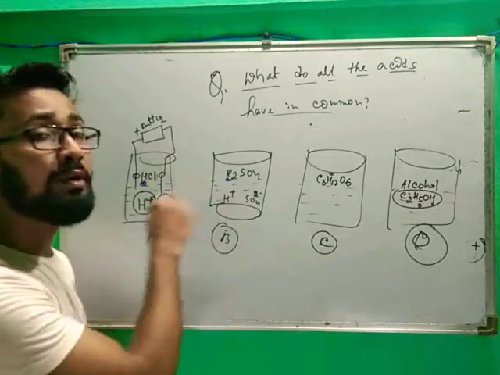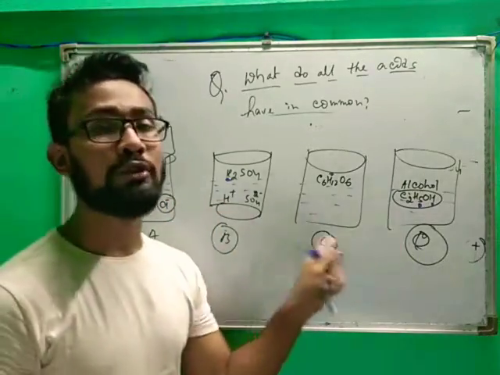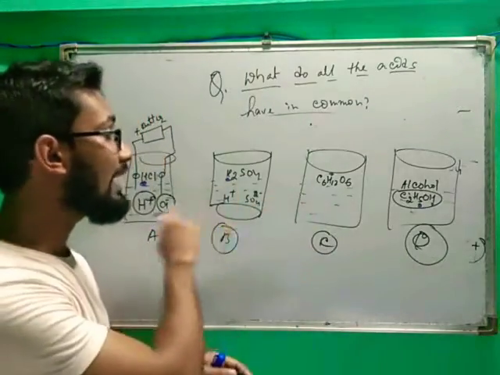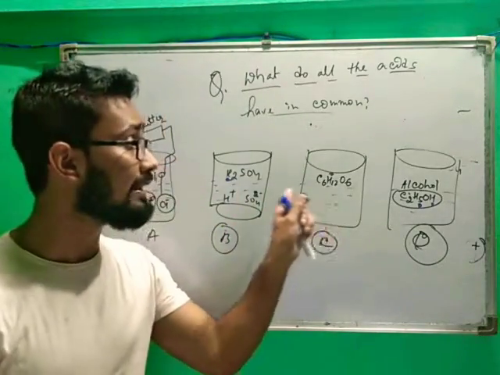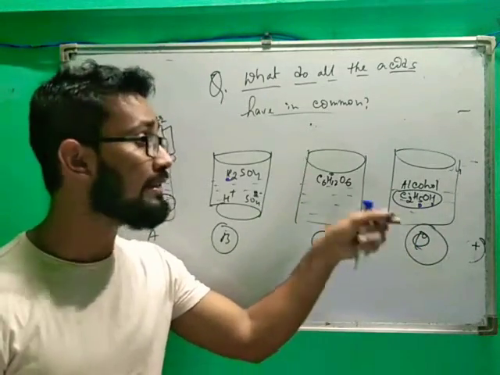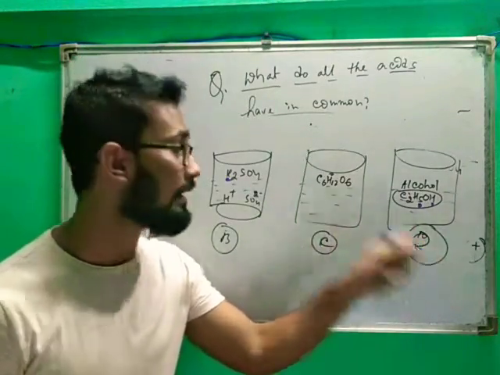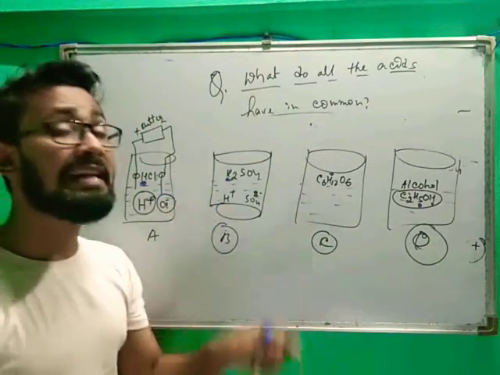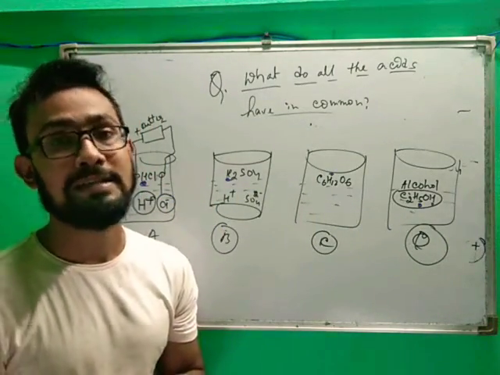So these two will show acidic character, but these two will not show acidic character, though in every case they have hydrogen with them. These two will not show acidic character, as in their solution they will not produce H plus ion, but these two produce H plus ion, so they will show the acidic character. Understood?